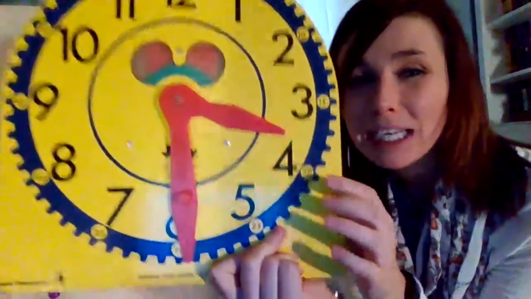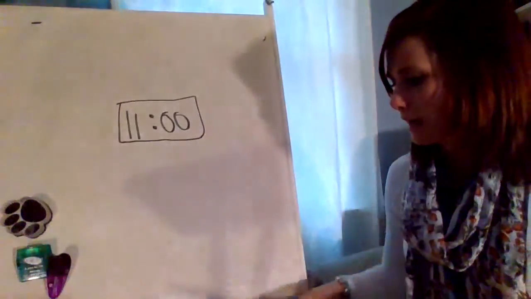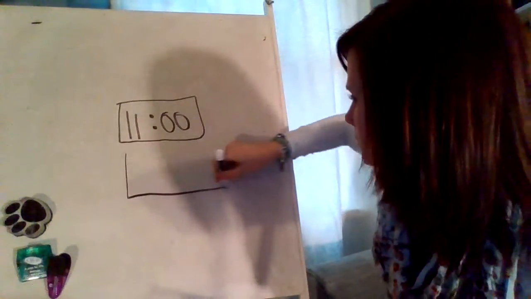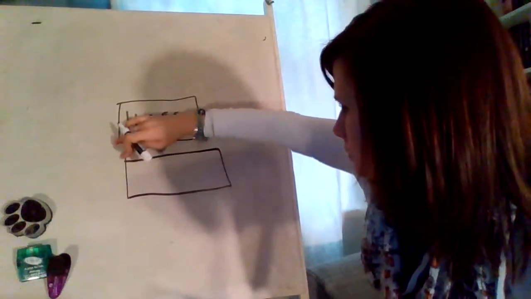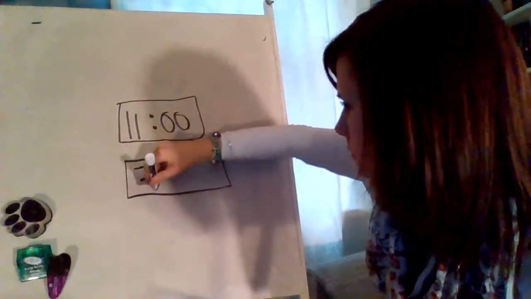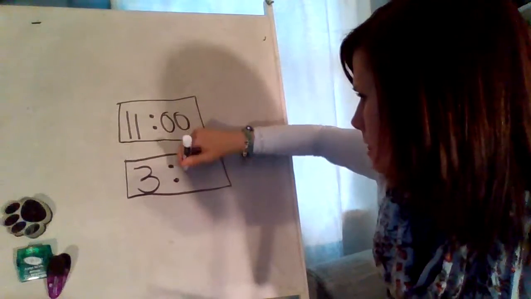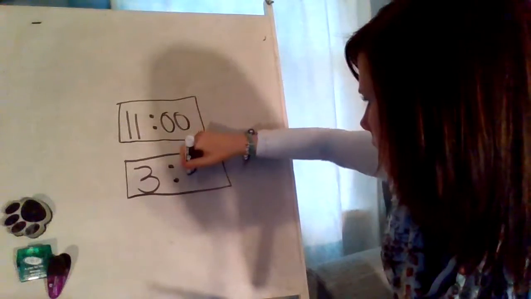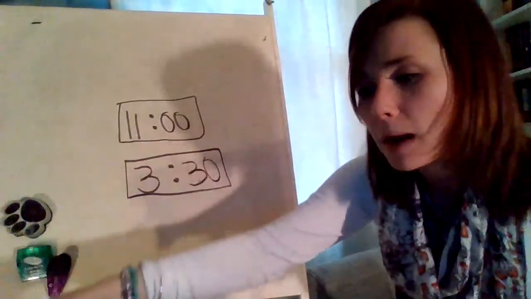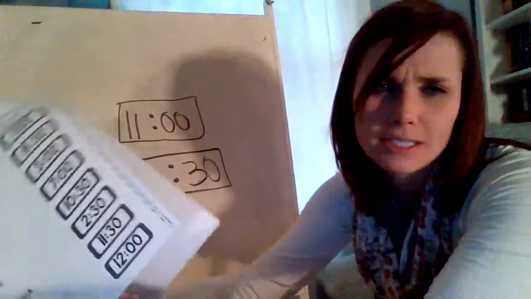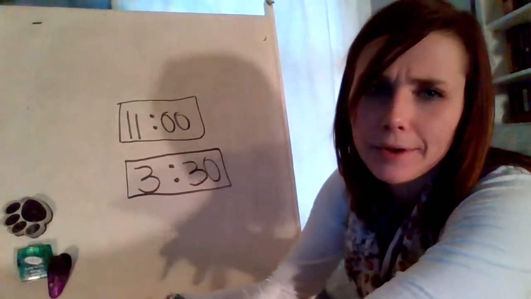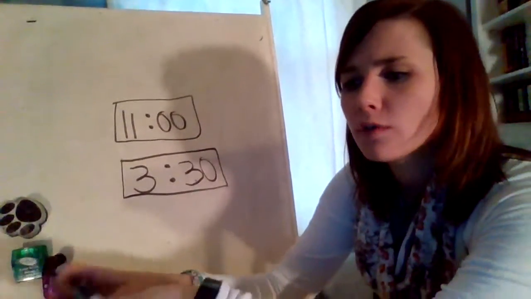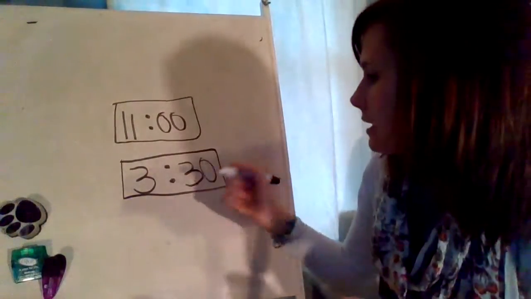It is 3:30. And I'll write that up here so you can see how we would write it. Whoops, 3:30. You've probably seen a digital clock like that before, on a cell phone, or on the microwave or the stove.